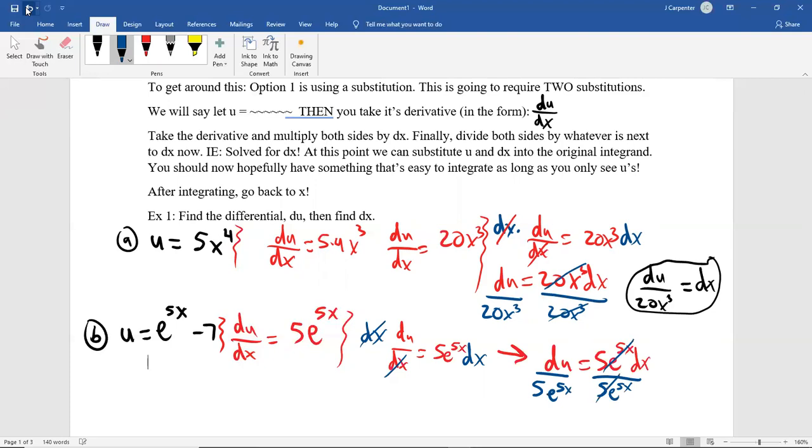So that jazz cancels, telling us an answer of du over 5 e to the 5x is equal to dx. These are known as differentials. When you have them separated as a du over here and a dx over there, we start thinking of them more as differentials.